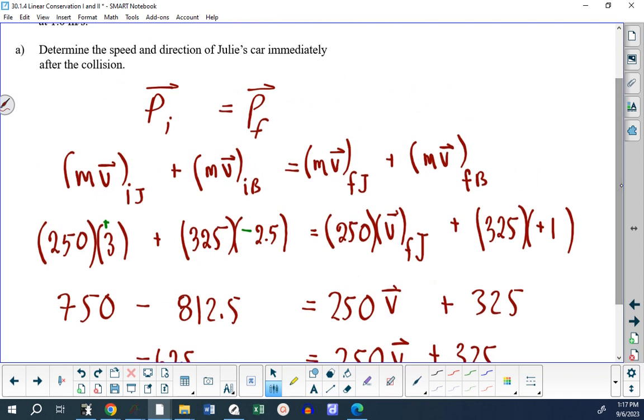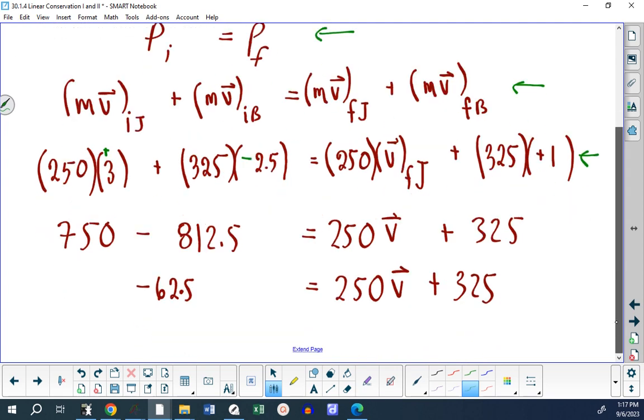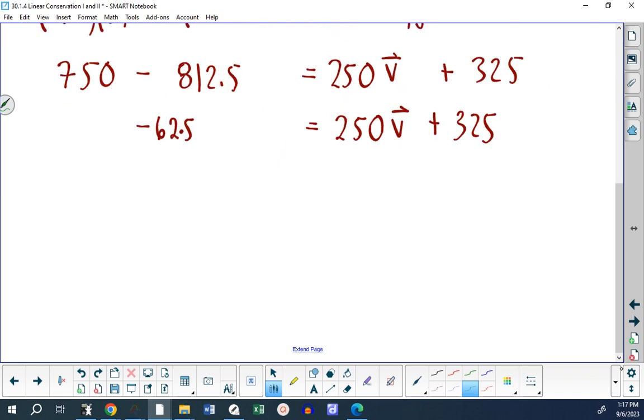What's the physics? This, and your answer. Okay, that's the physics. I subtract 325 from both sides. Negative 325, negative 3.